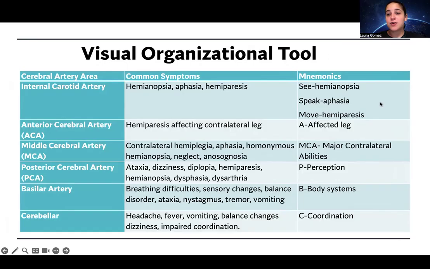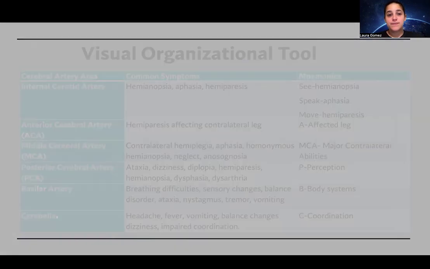We have speak for aphasia, and we have move for hemiparesis, so a lot of weakness, which means decreased movement in that area. So this chart is very useful to recall what each symptom means and what symptom is presented depending on the CVA location.